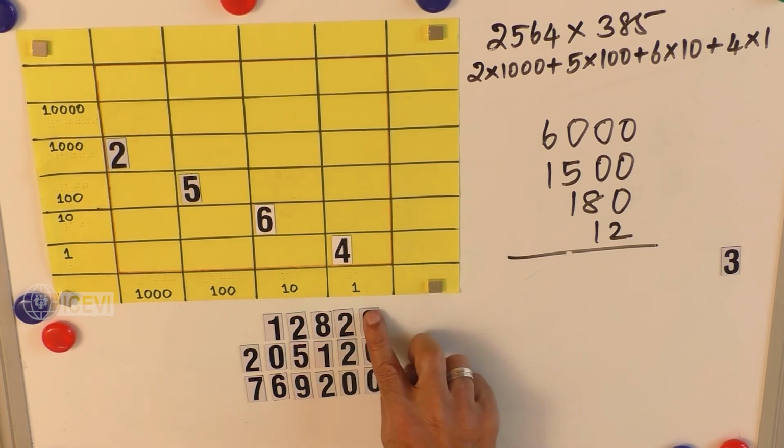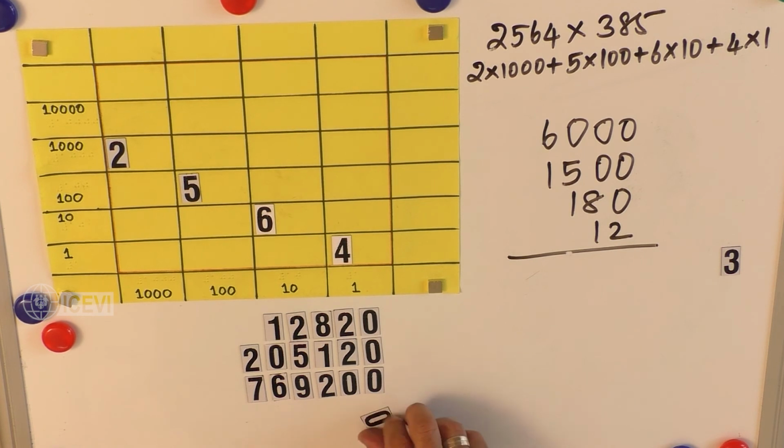Now 0, 0, 0, that means 0. Now the 10th column is 2, 2, 0, that is 4. And the 100th column is 8, 1 and 2, that is 11. So you put 1 there and 1 you carry to the 1000th column.